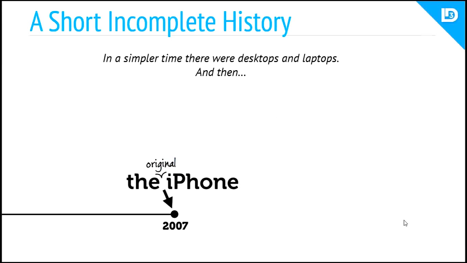It's important to step back for a moment and just consider where we've been in order to understand where we are now. Back in the good old days of pre-2007, there were desktops, there were laptops, and when you were designing an application or a website, you had a pretty good idea of where this thing was going to live when you were done with it.